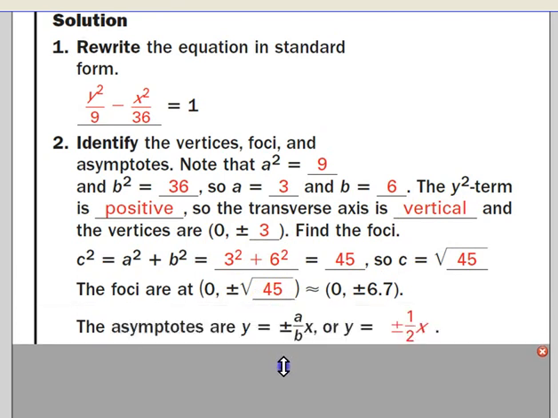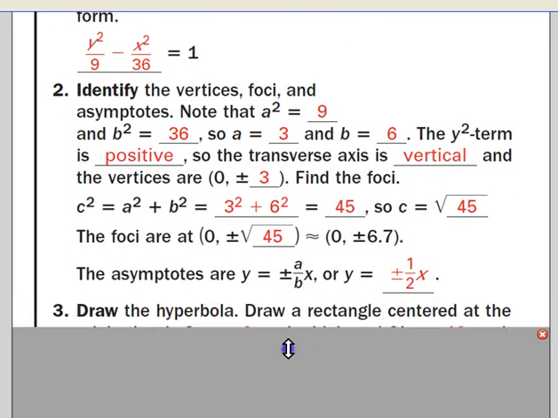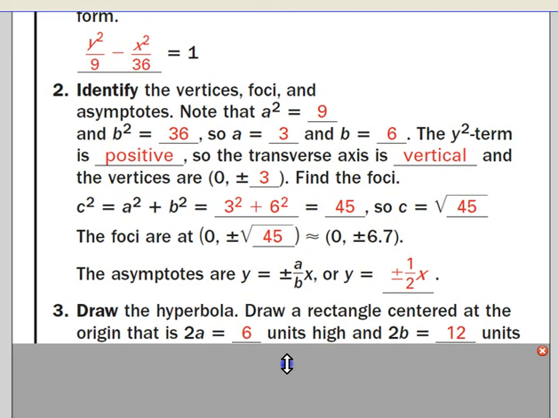And the asymptotes, because it is a vertical hyperbola, we can write as plus or minus a over b. Since a is 3 and b is 6, that's 3 over 6, which simplifies to 1/2. To draw the hyperbola, there's a method we'll go over in class too.